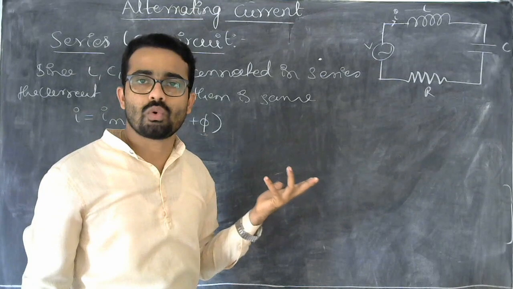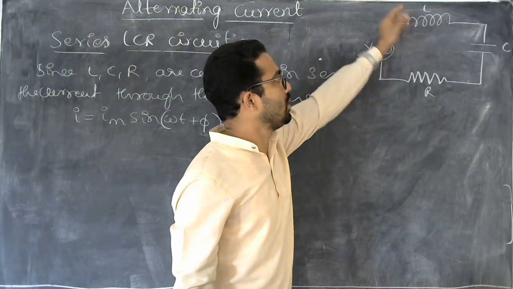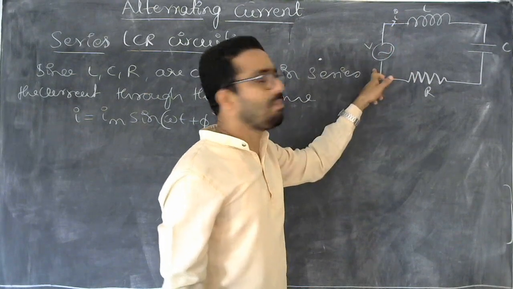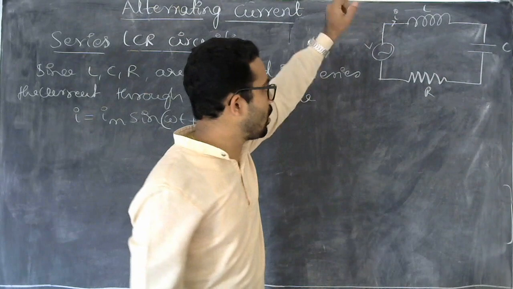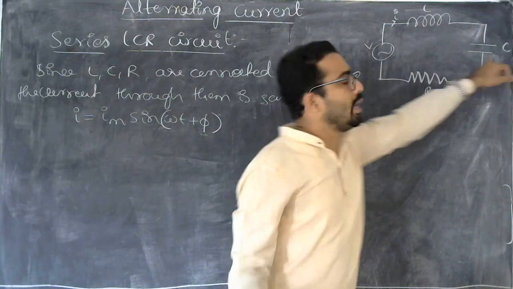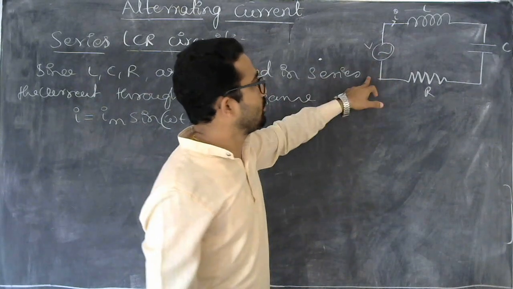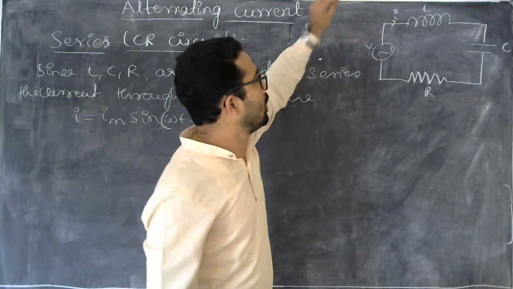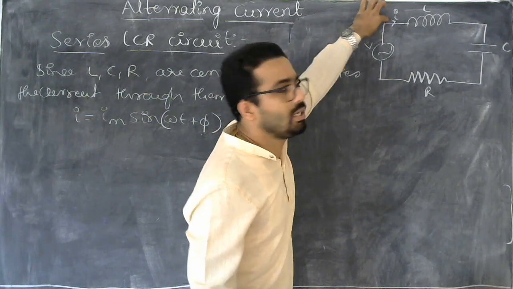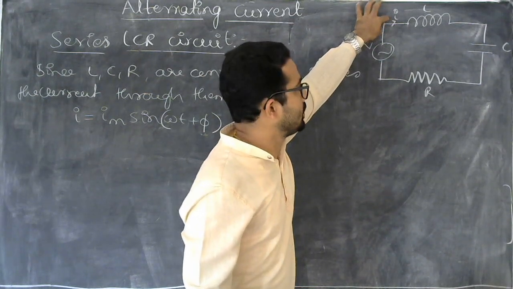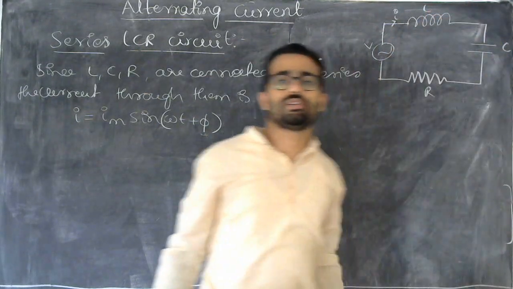And why is it so? Why is there a phase difference between the current flowing through that circuit and the supplied voltage? This is because of the presence of the inductor and the capacitor. The phase difference between the supply voltage and the current in the circuit is because of the presence of this inductor and capacitor.